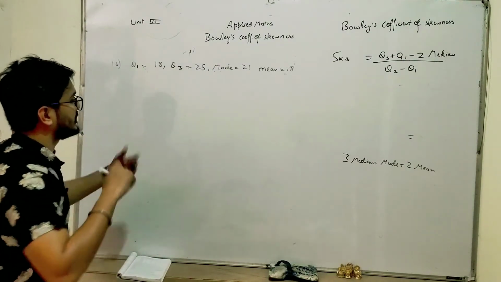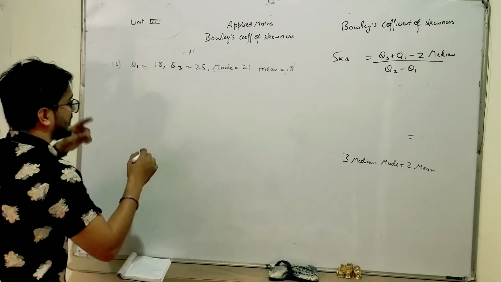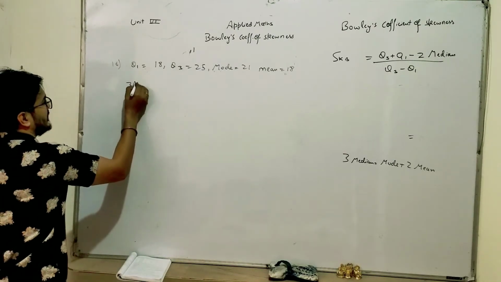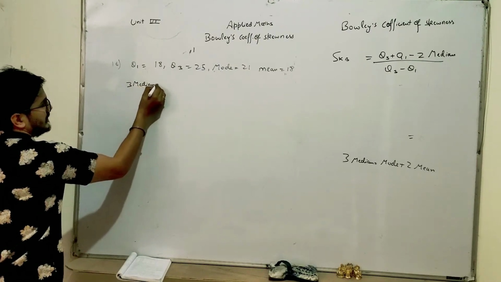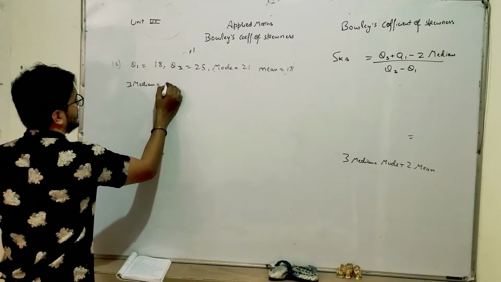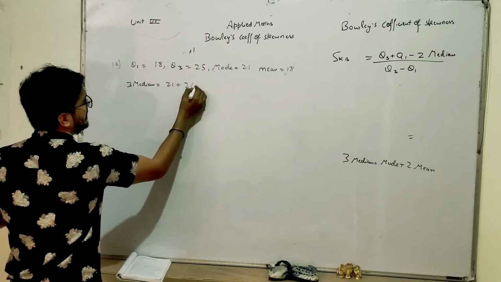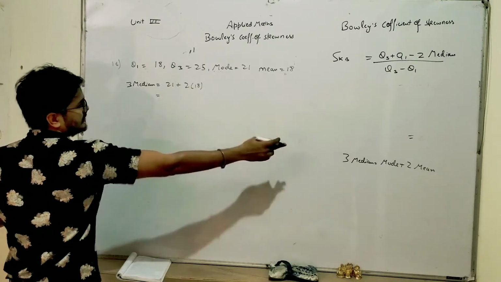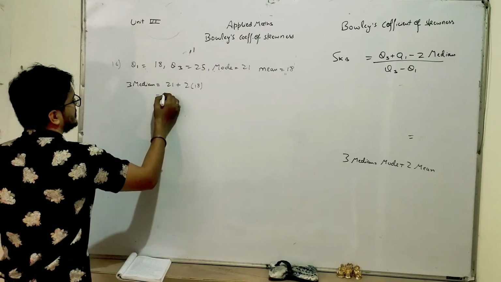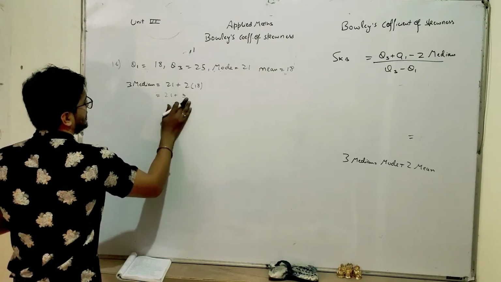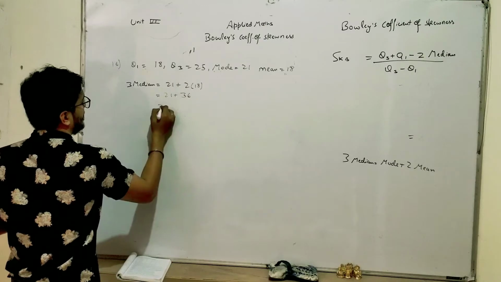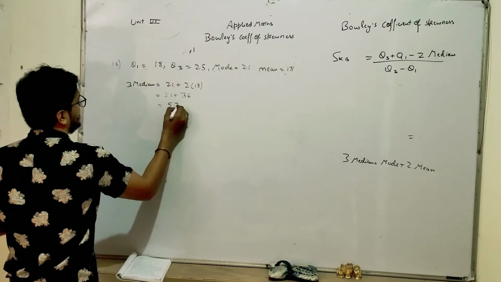Mean is given, mode is given, so we can find out the median. So 3 median is equal to mode 21 plus 2 multiplied by 18, using that formula. So 21 plus 36 is 57.